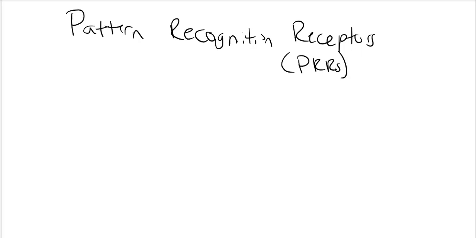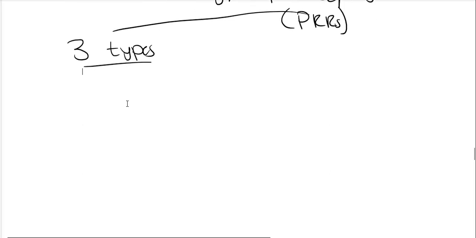We're going to now talk about something called a pattern recognition receptor. This is abbreviated PRRs, pattern recognition receptors. There are 3 different types of pattern recognition receptors.